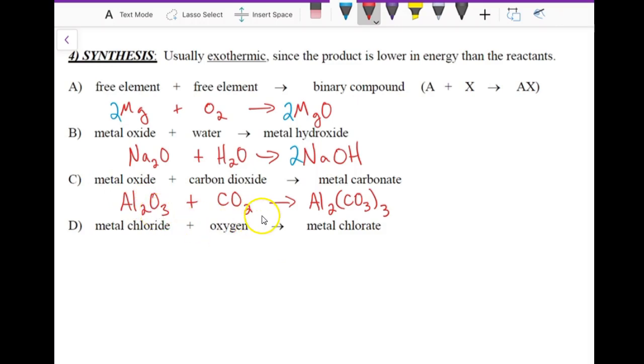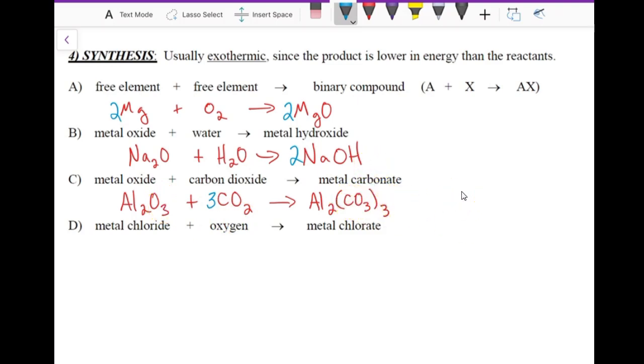So one thing to do would be to balance the carbon. That sounds simpler, and let's just see if the oxygen works out. Right now I have three carbons on the right, so I'm going to put a 3 in front of CO2 on the left and see what that does. That gives me 3 times 2 is 6 oxygens, plus these 3 is 9, and that in fact does balance out my oxygens.